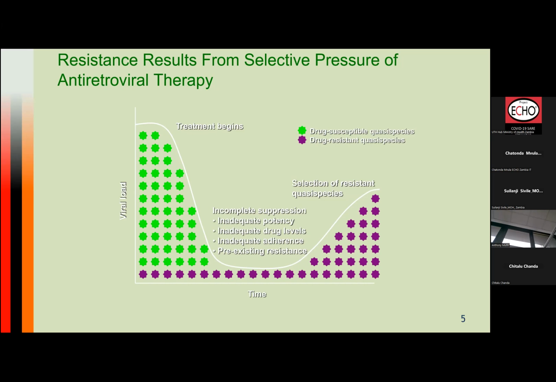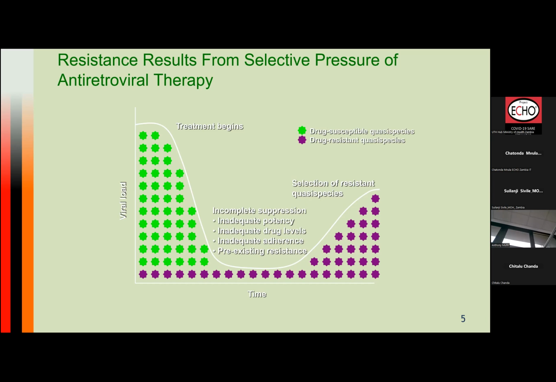And depending on what sort of combinations you have, you will clear off the resistant ones. And over time, you have this subpopulation developing resistance or growing because they're multiplying, because the treatment cannot clear them. So this is really what happens in a simplified form.